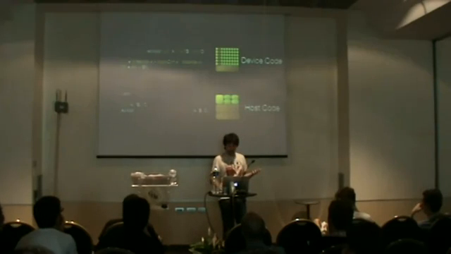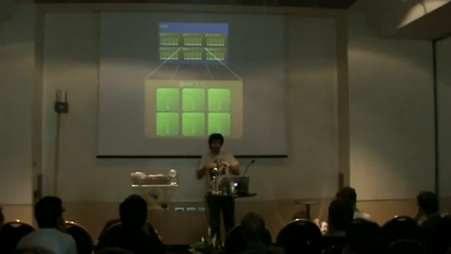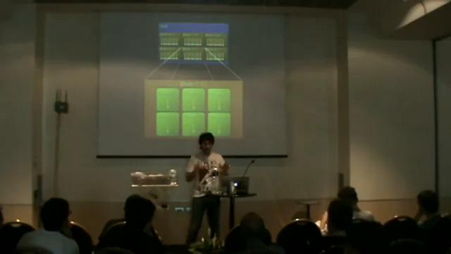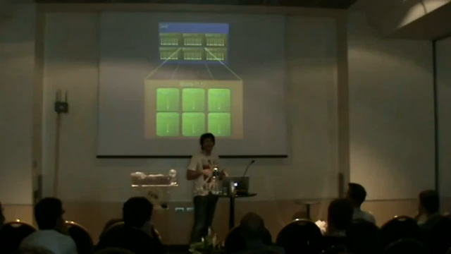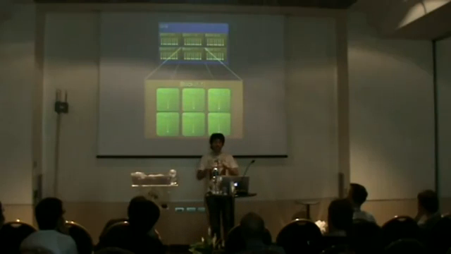Each of these threads has an ID that identifies the thread. These threads are then divided in blocks. Each thread has an ID, and each block has an ID, and all the blocks form the execution grid.